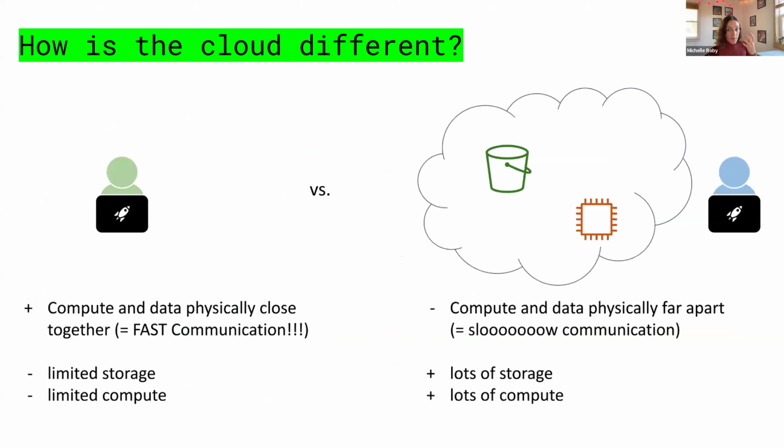And if you use those properly, then you can utilize that large storage and the larger compute to your advantage. So yeah, the idea of how do we take advantage of the strengths of the cloud and minimize the weaknesses of that slower communication?